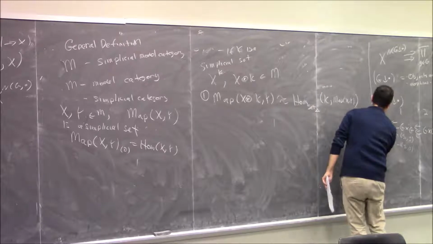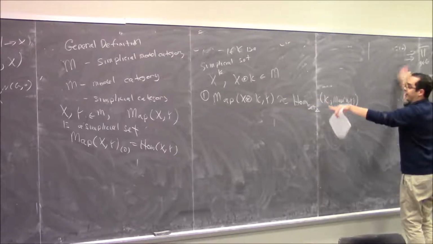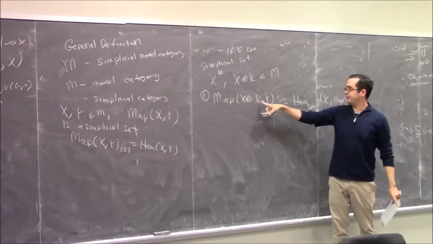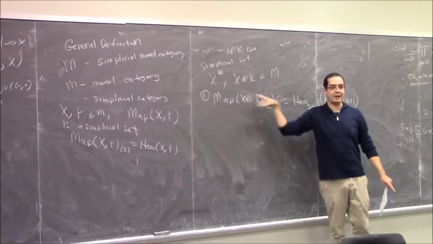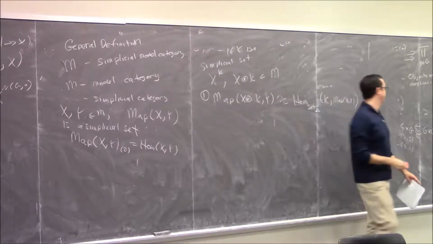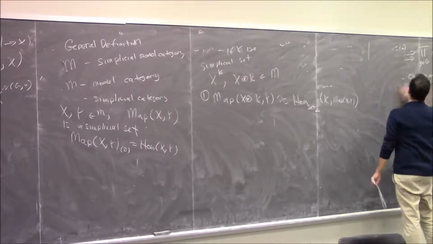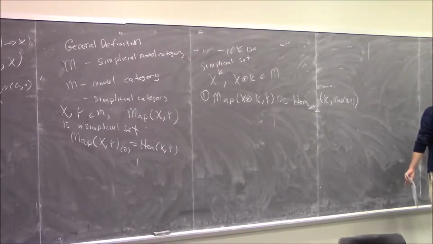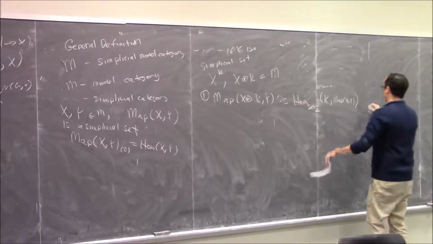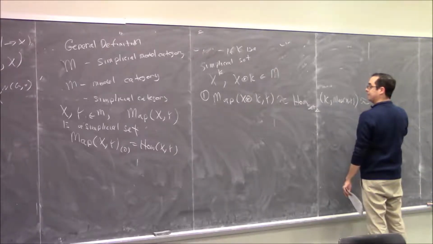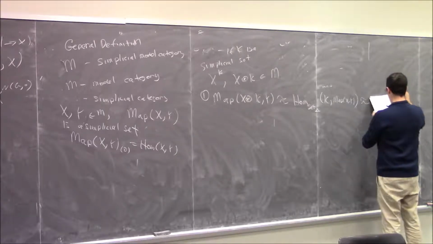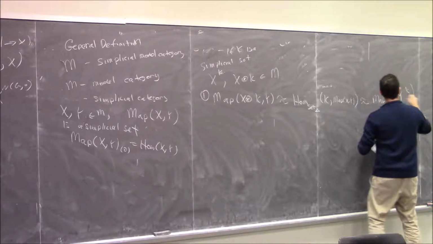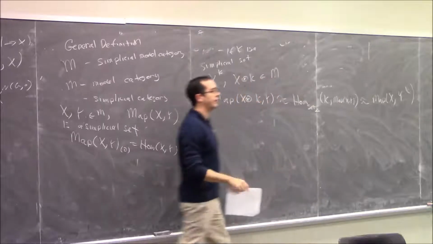And then I also have X tensor K, so it's something in my model category. Y is also in my model category. Map is defined, that's a simplicial set. And then we also want that powering.